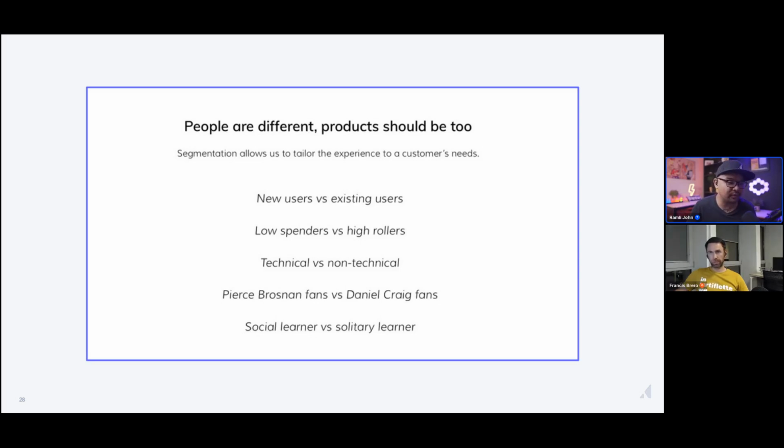There are also different types of segments, like low spenders or high rollers. Maybe you have a segment that has a higher budget versus one that has a lower budget. A perfect example might be a prosumer product like Dropbox, where on one end you have consumers with very low willingness to pay, versus businesses that are willing to pay per user and have a little bit more budget for that.